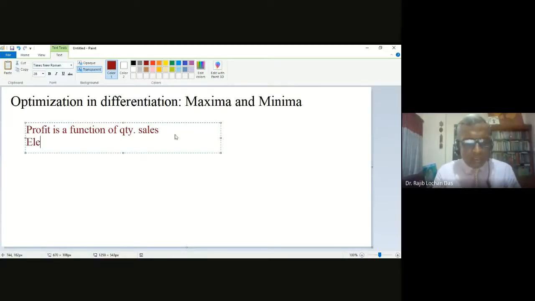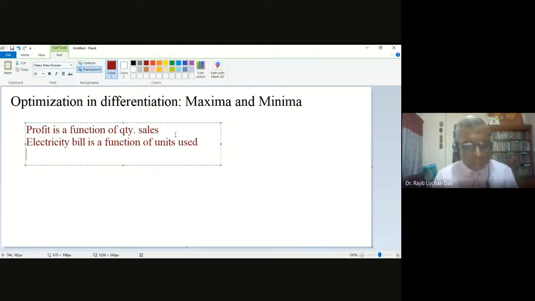Say I'm writing electricity bill is a function of units used. This is another example. Say grade is a function of hours studied.